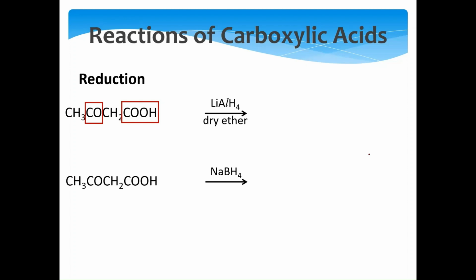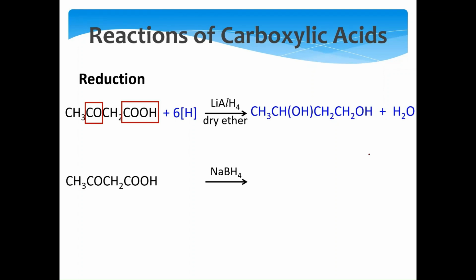The ketone will be reduced to a secondary alcohol, and the carboxylic acid will be reduced to a primary alcohol. We balance by adding plus 6H to show the reduction process, and one more product that we form is water.